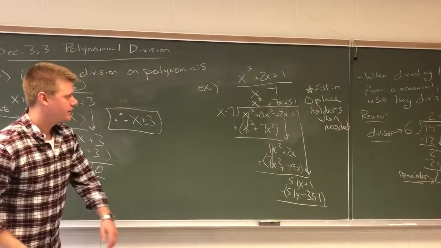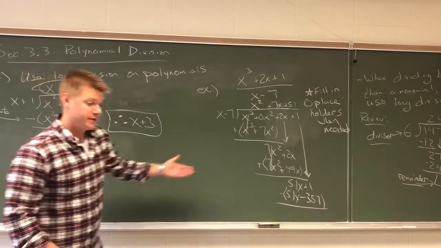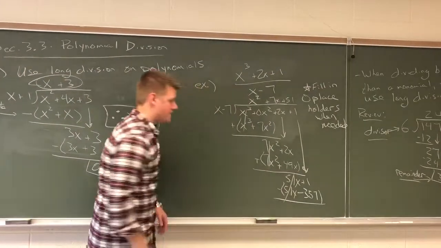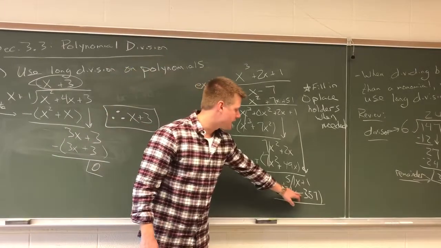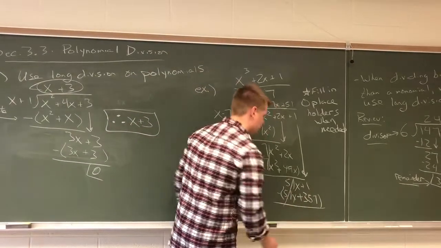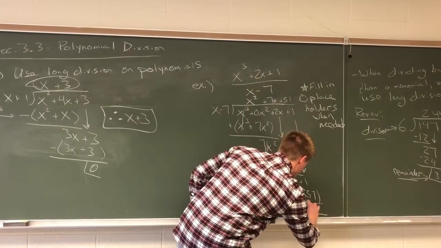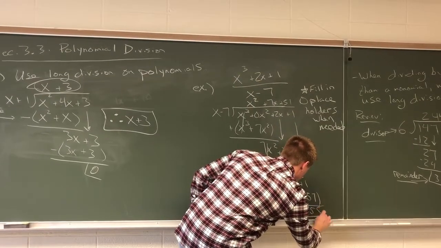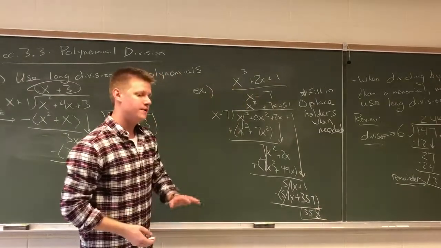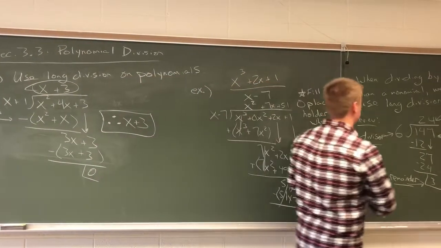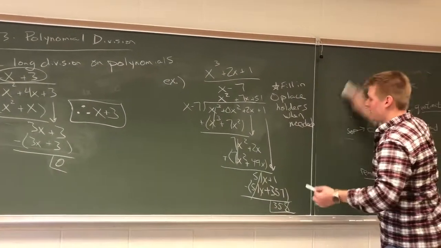Okay, so -357. So next thing, 51x's drop out. Minus a negative once again becomes plus, and 1 plus 357 at the end is 358. Now, an important thing we have to make sure we remember is to write the quotient here.